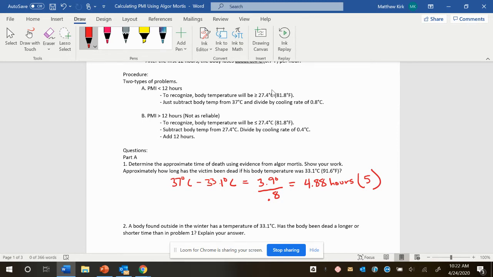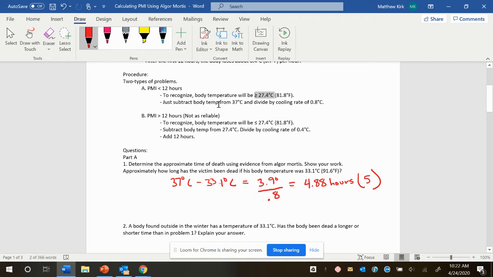So again, just how I did that. First, I need to figure out what type of problem it is: short PMI of less than 12 or longer PMI of greater than 12. So I look at my measured body temperature. My measured body temperature was 33.1 degrees Celsius. That's greater than 27.4, so it's a type A problem.